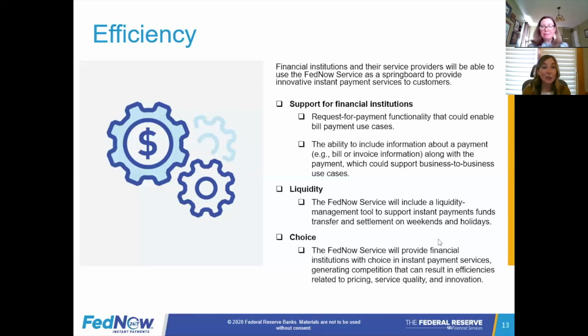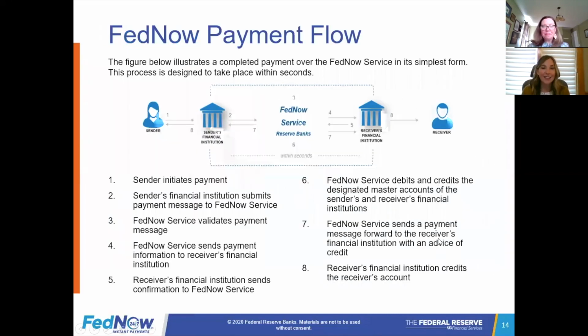Okay, so if we want to advance to the next slide. As you've heard a bit about our features and functionalities at our first release, I thought it may be helpful to walk through a simple FedNow payment flow that, again, will take place in a matter of seconds. So in step one, a sender, who would be an individual or business, initiates a payment by sending a payment message to its financial institution through an end user interface that's outside the FedNow service.